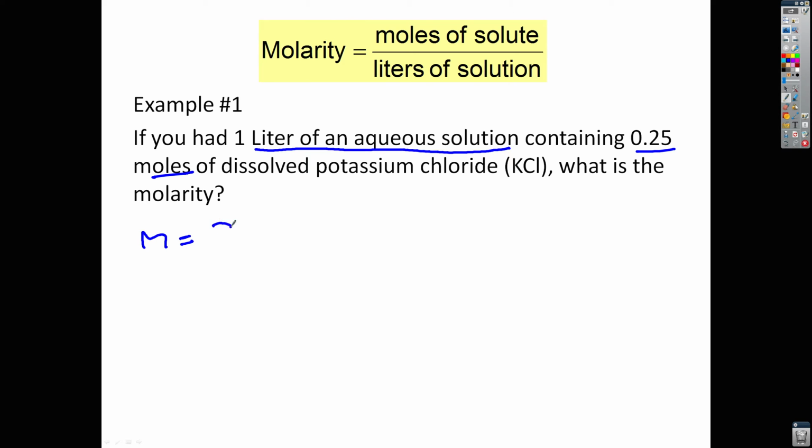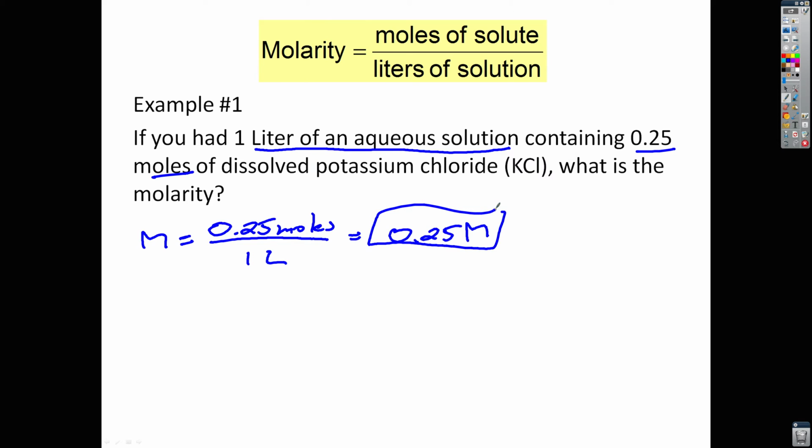I have my moles, 0.25 moles, divided by my 1 liter. So 0.25 divided by 1 gives me 0.25, and the unit for molarity is capital M. So 0.25 molar is how we measure it.